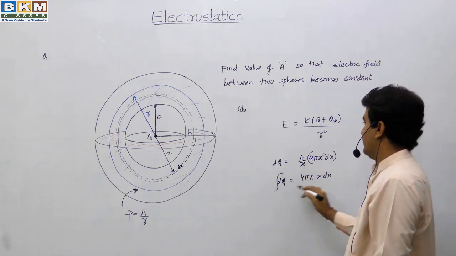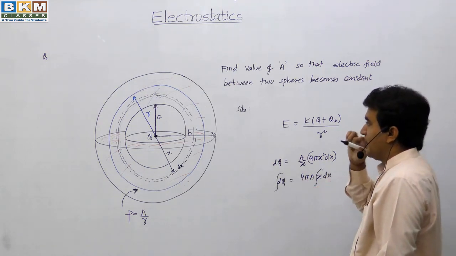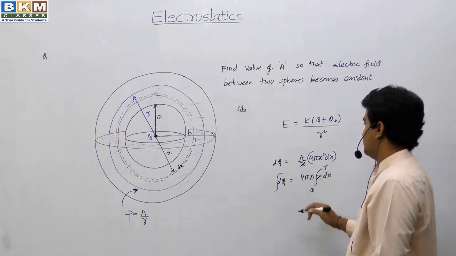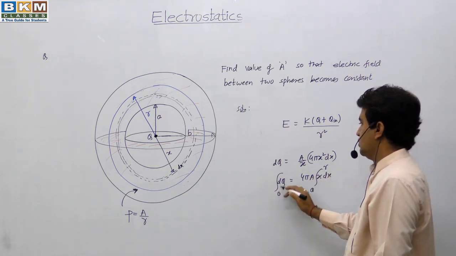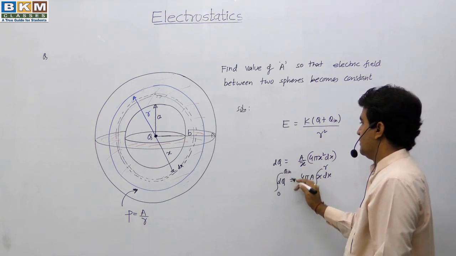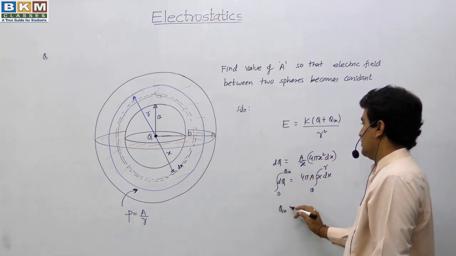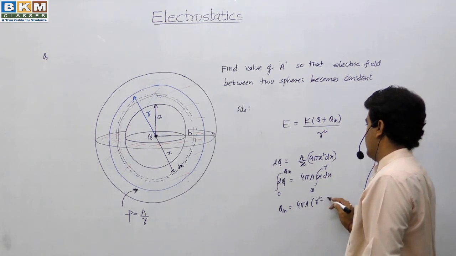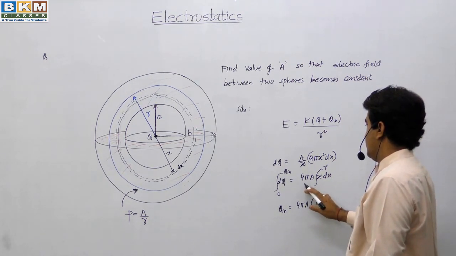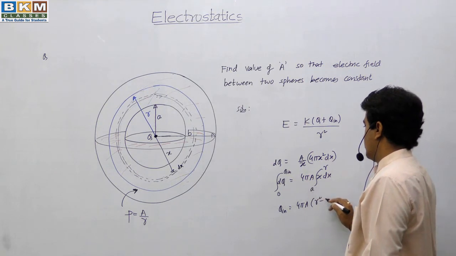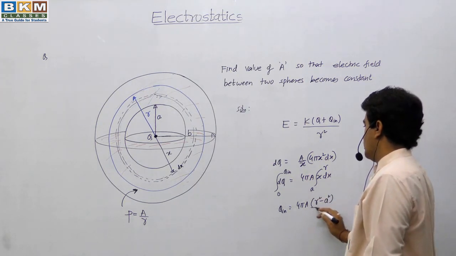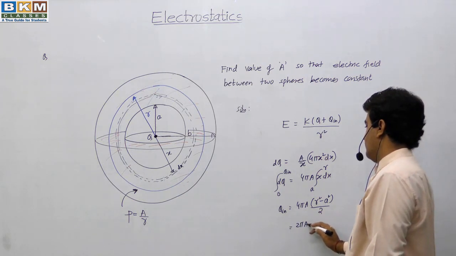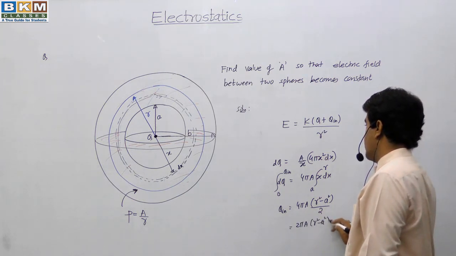Now we integrate it from x equal to a to x equal to r, giving Q_in. Our Q_in comes out to be 4 pi A times (r square minus a square) by 2, so it becomes 2 pi A (r square minus a square).